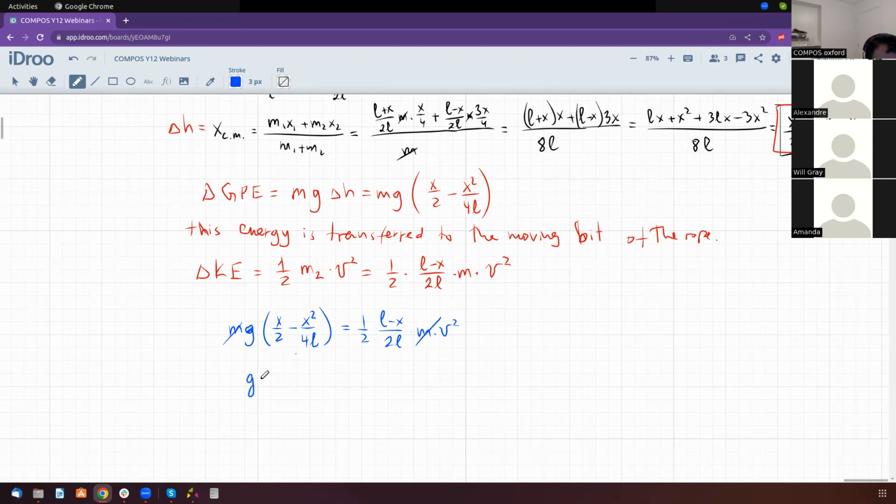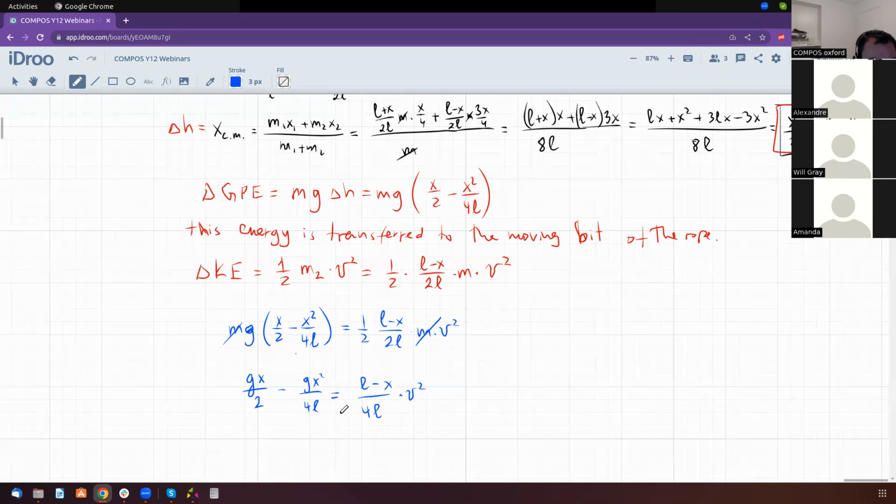There's nothing serious here. So gx over 2 minus gx squared over 4L equals (L minus x) over 4L multiplied by v squared.